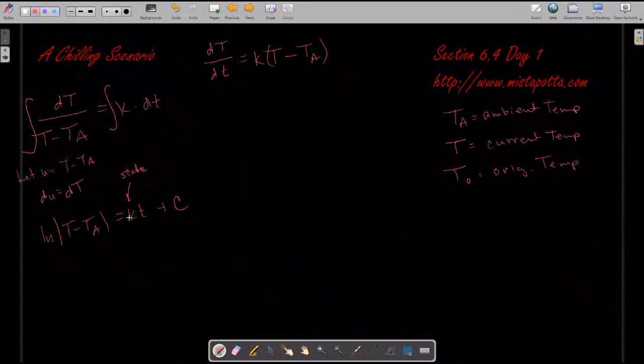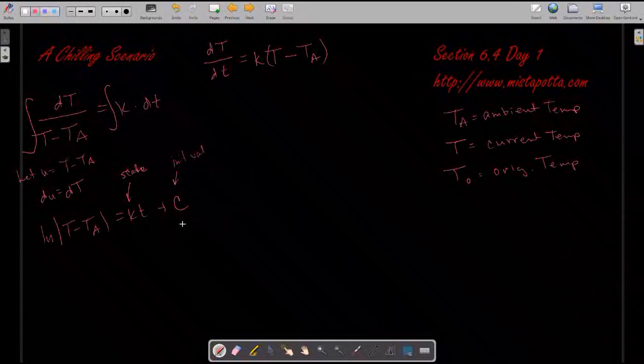Keep in mind that this constant here, k, is my scale constant. In other words, this reflects how I'm heating or how I'm cooling. And this constant over here deals with my initial values. This is the constant that we've been dealing with in the previous lessons.